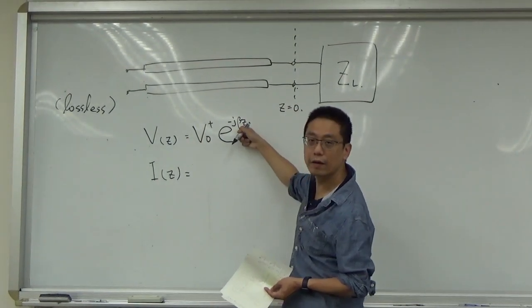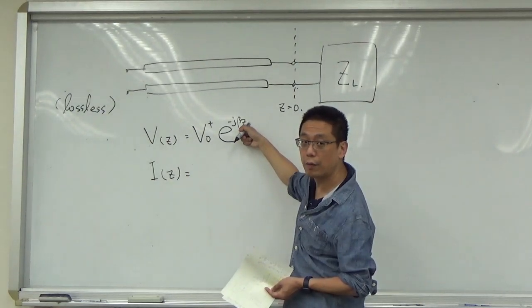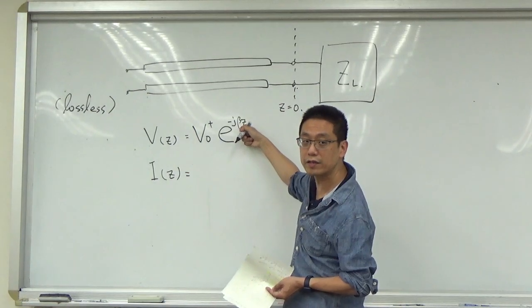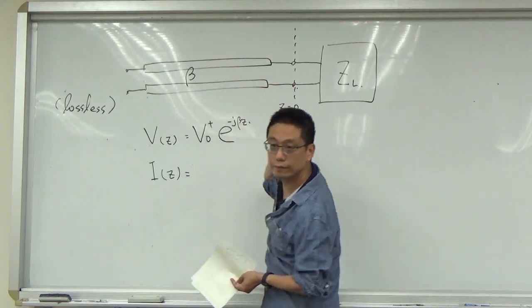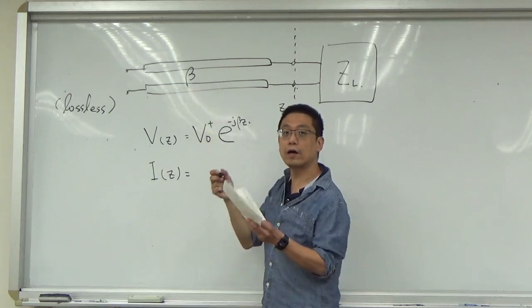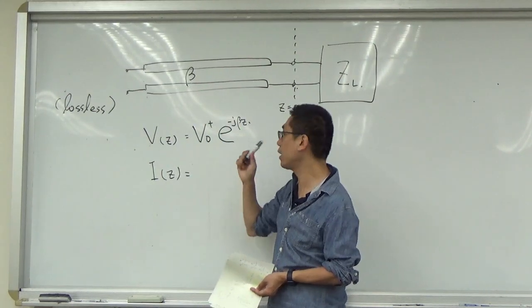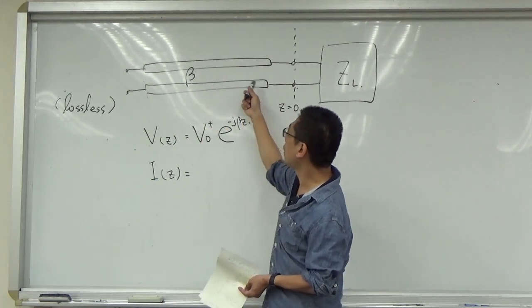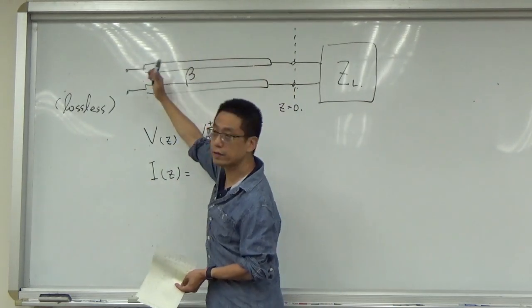What is beta? Beta is the imaginary part of the propagation constant, or maybe you can say it is k of the transmission line. Okay, so beta is one of the parameters of the high frequency transmission line. And the z is the position where it is, okay?